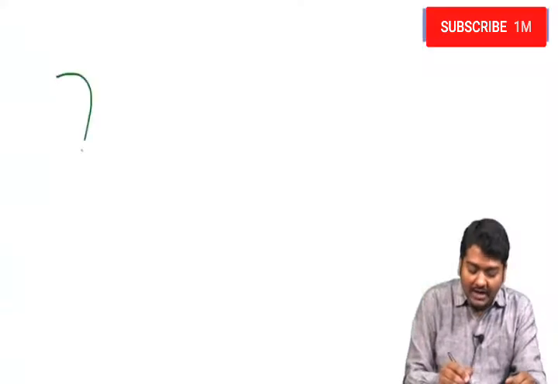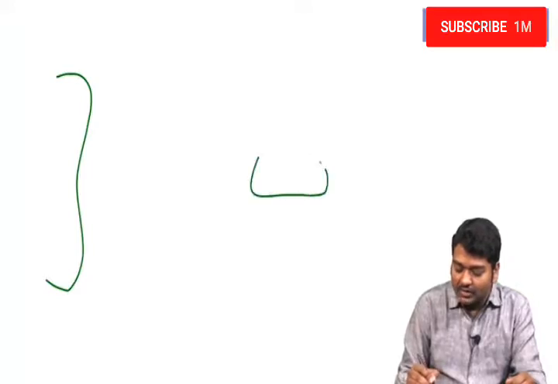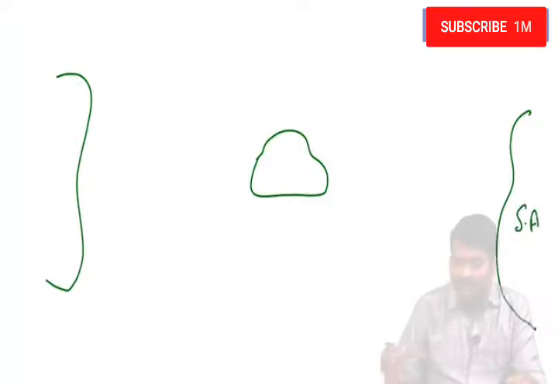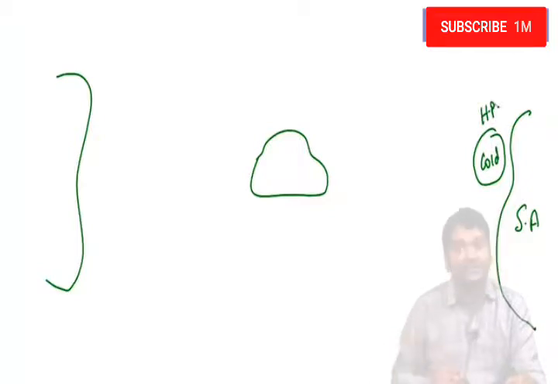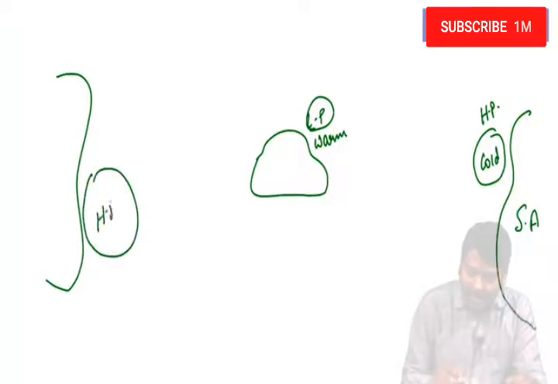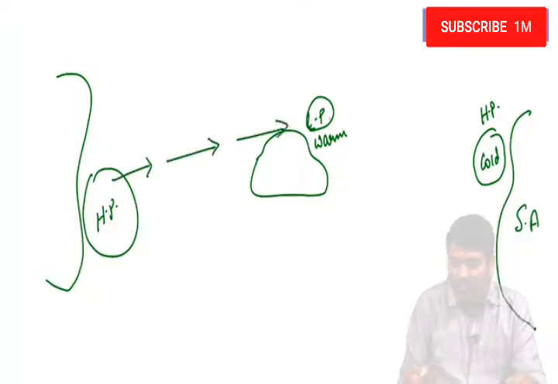If I take Africa, Australia, and South America, in the normal year, cold is present here, that is high pressure is present. Low pressure exists here, that is warm water exists here. And due to winter, in this particular region, high pressure will be there. Winds blow from high pressure to low pressure.